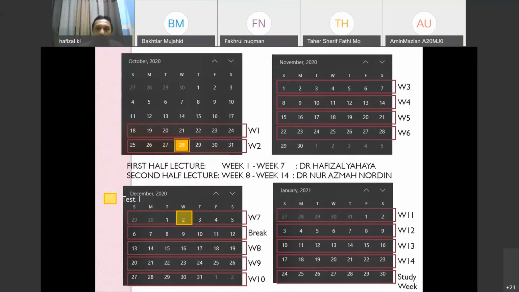So we have week number 1 until week number 14. Along the way we have a break after week 7. Week 7 is in the first week of December, and the second week of December is the mid-semester break.